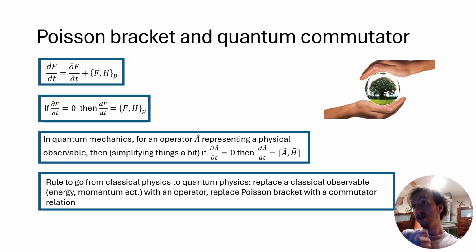You also replace the Poisson bracket that describes the conservation of quantities with a commutator, which will also describe the conservation of quantities. And it's important to have a roadmap in terms of conservation laws, as well as just how we're describing observables, or conservation laws are as important in quantum mechanics as they are in classical physics. Albeit in quantum mechanics it's a slightly bit more complicated because of Heisenberg's uncertainty principle. But that is a good general pattern.